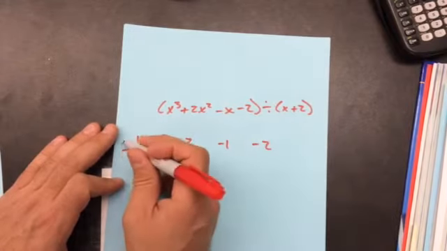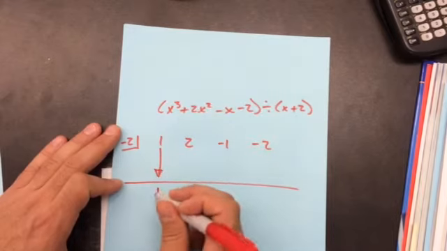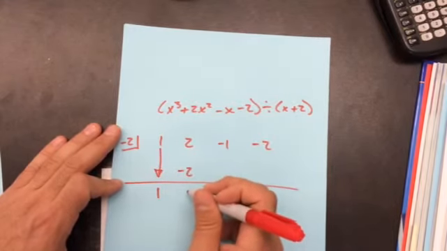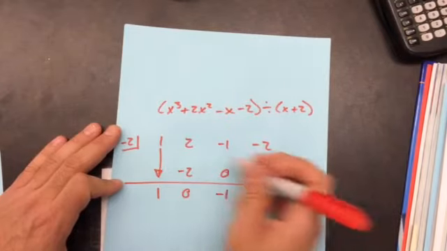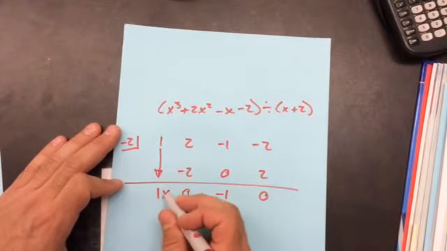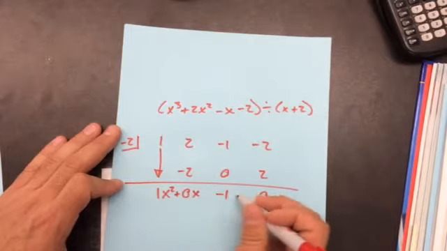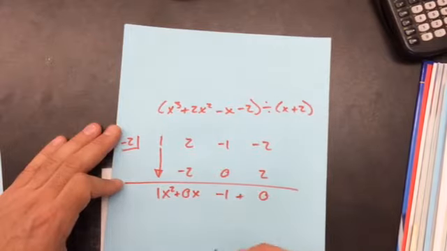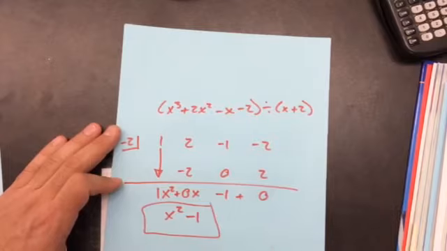I'm going to put the opposite sign of this, bring down my first term, and multiply, add these together, and multiply, add these together, and multiply, add these together. It's going to be the exponent 1 less, so it's going to be x squared, plus 0x, minus 1, plus no remainder. So 0x, I don't need to put that. Really, this is x squared minus 1. That's the answer. And that's as simple as it is, okay?